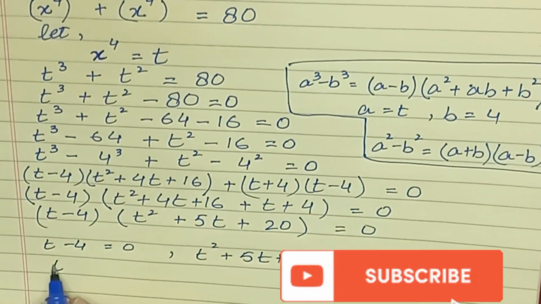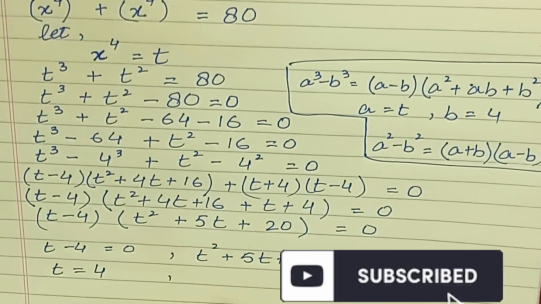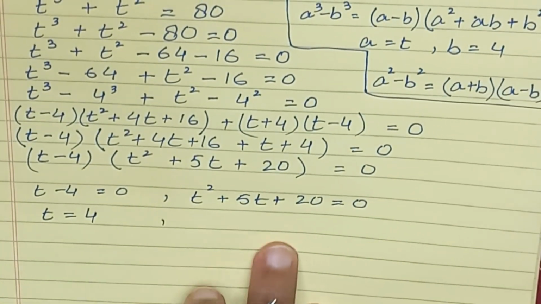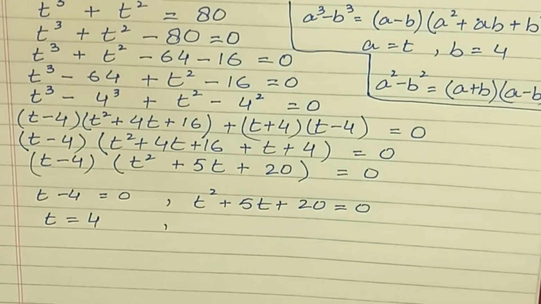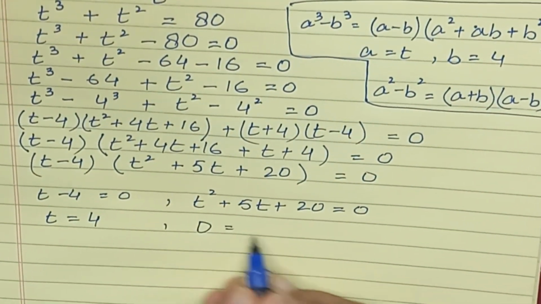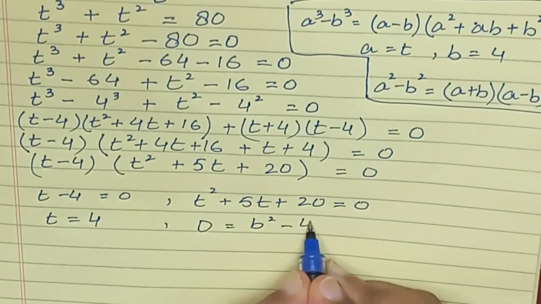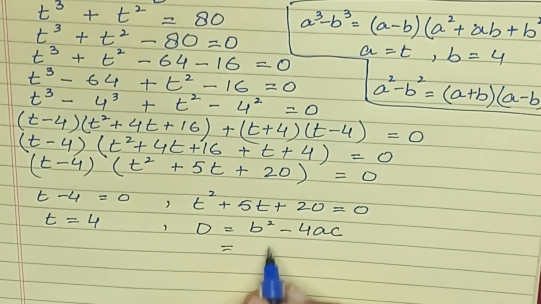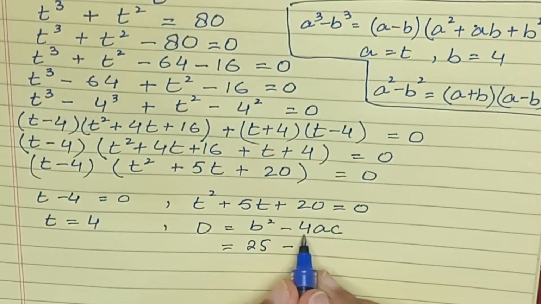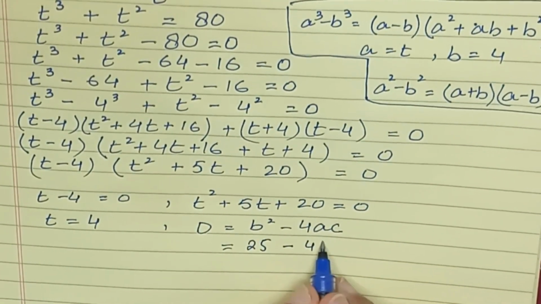From here we have t is equal to 4. And for the other case we will apply the discriminant formula, which is b square minus 4ac, which is equal to 5 squared, which is 25, minus 4 into 1 into 20.